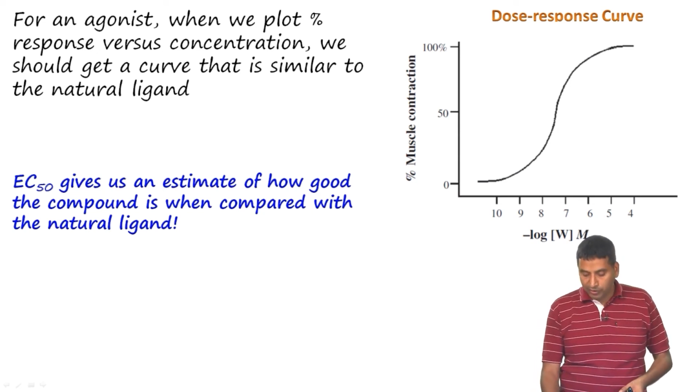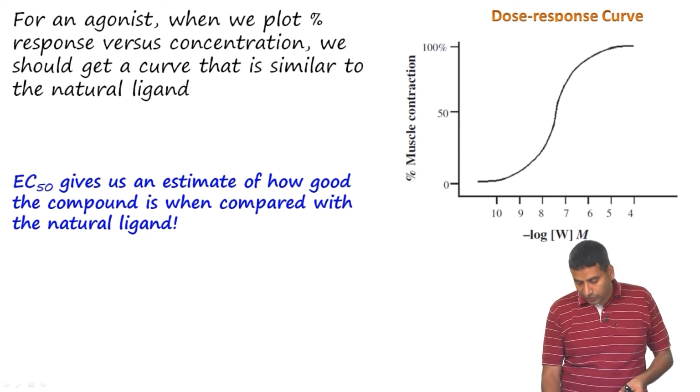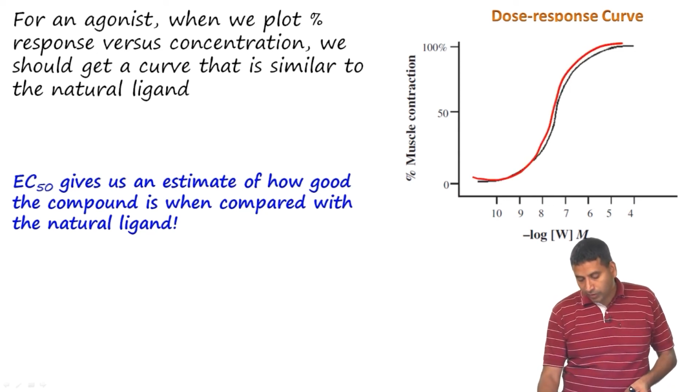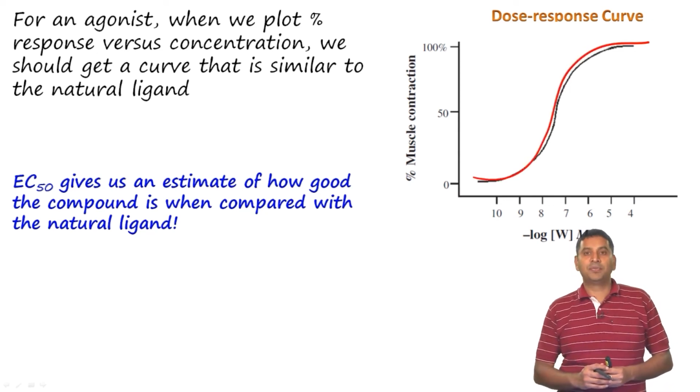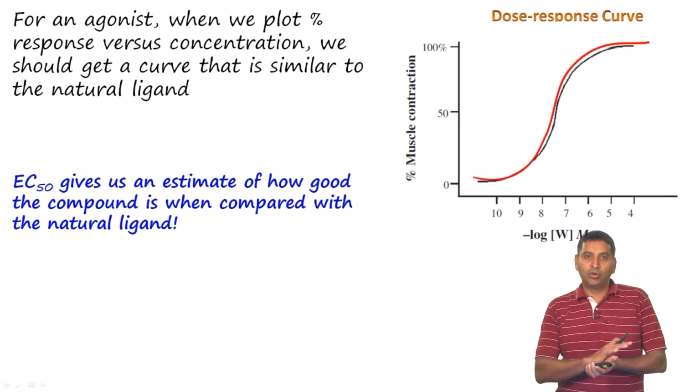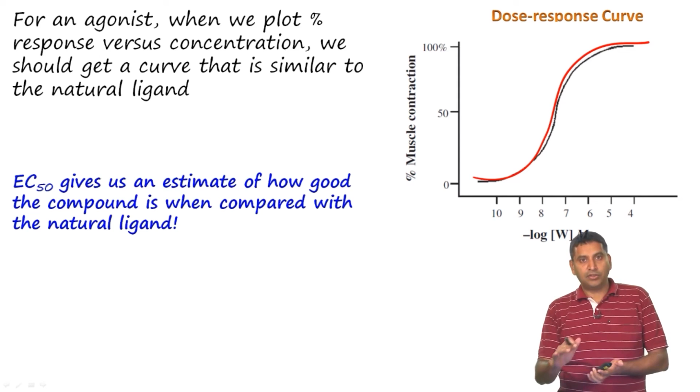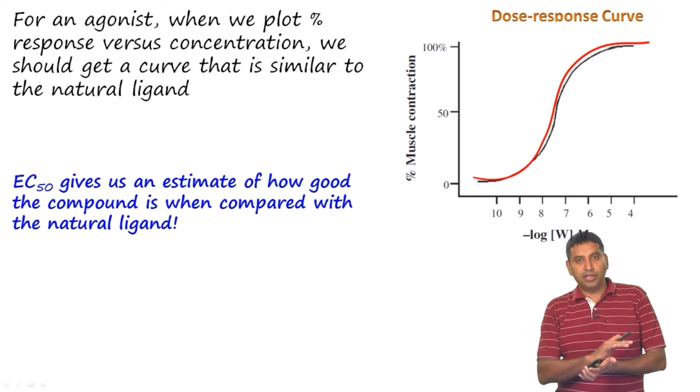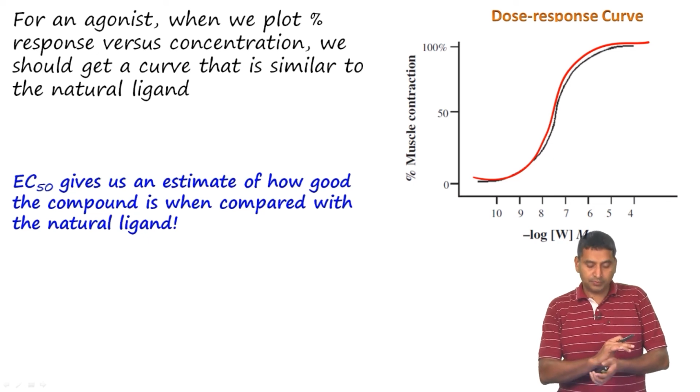So, here is a hypothetical plot of an agonist, and the original curve is shown here in red. As you can see, there is a very good overlap of the original natural ligand as well as the agonist. And so, if I determine the EC 50 here, it should be very similar in number. We will look at some examples during our problem sets.